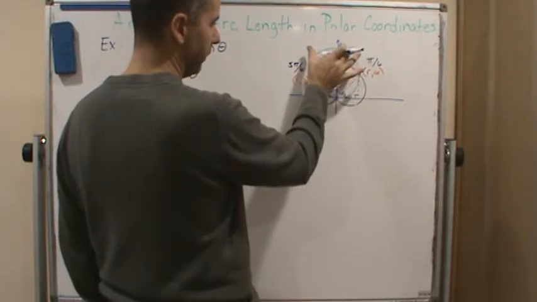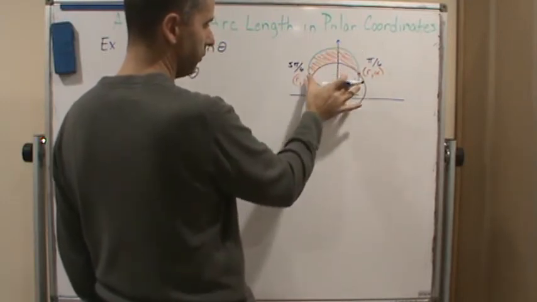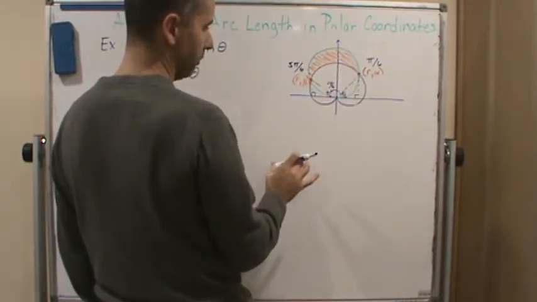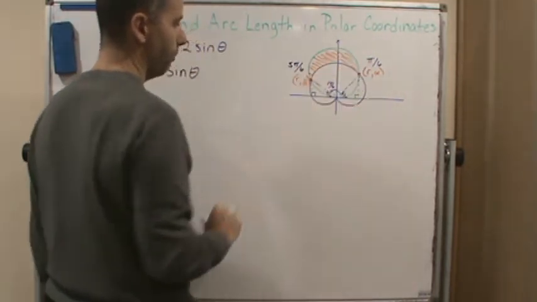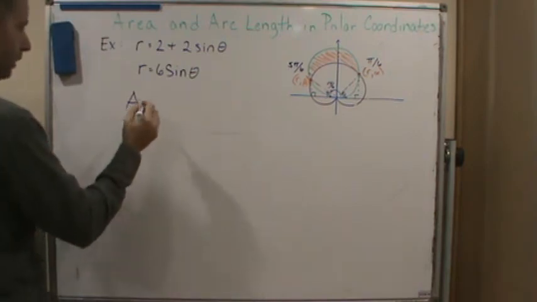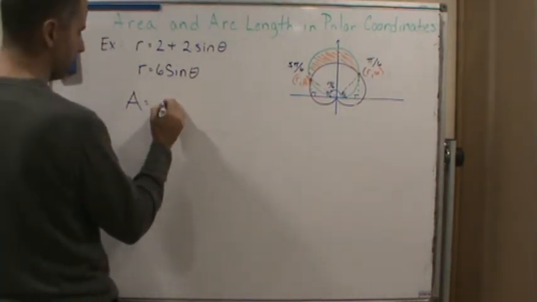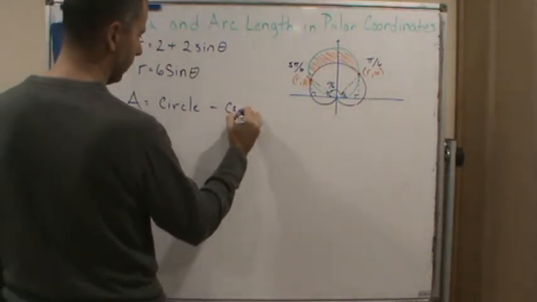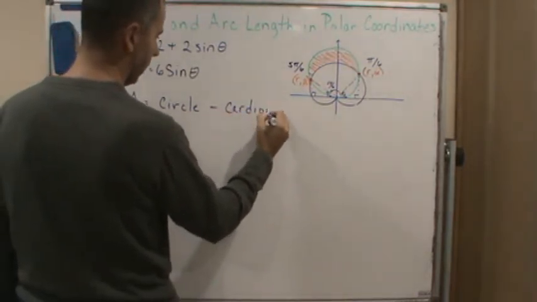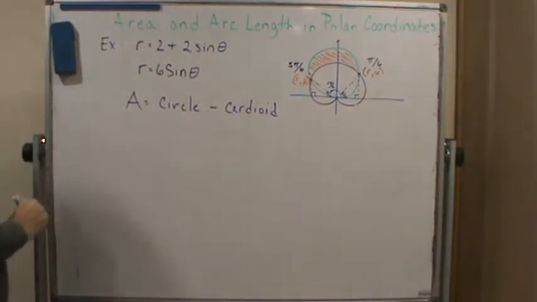It's going to be the area of the circle, the outside curve, minus the inside curve. So it's going to be the circle minus the cardioid: the area of the circle minus the area of the cardioid.